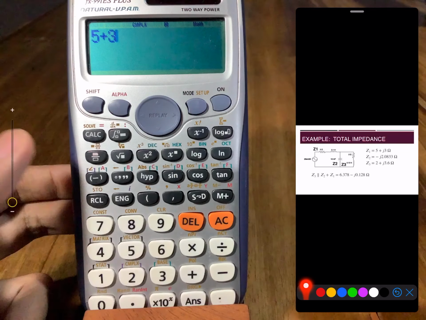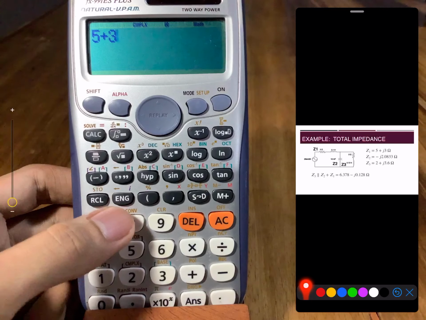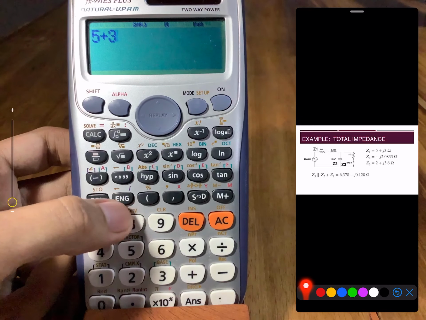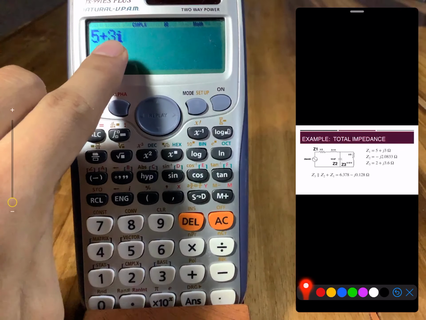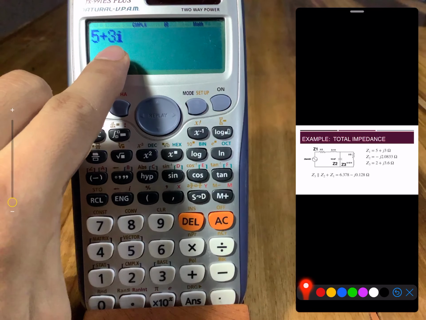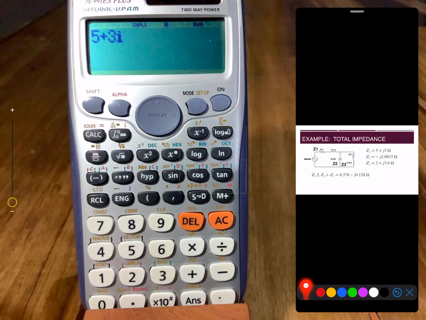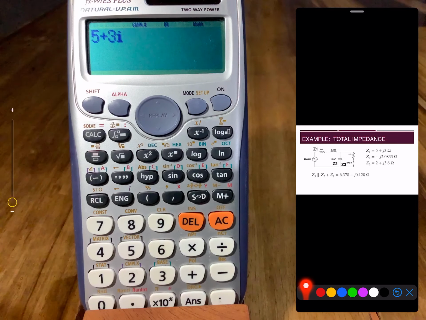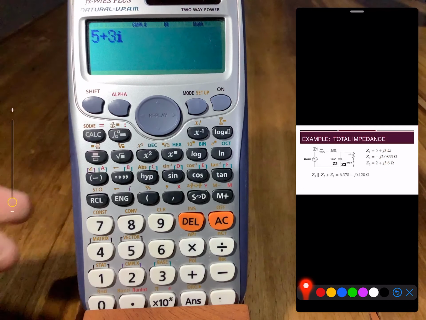In order to differentiate the real number from the complex number, we have this function i, denoting that it represents the complex part or imaginary part, or simply the y-axis of the complex number.